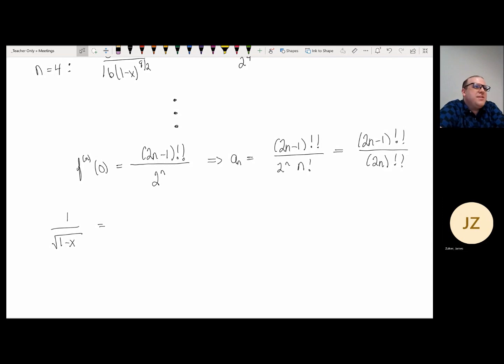Remember, for n equals 0, we need it to be 1. Does this work for n equals 0?